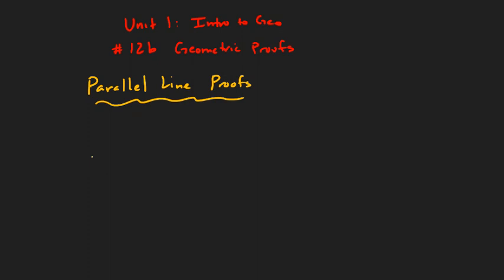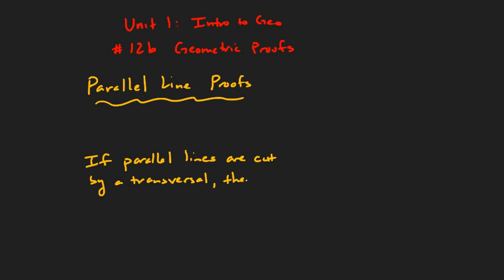If parallel lines are cut by a transversal, so if we have a picture and we know that two lines are parallel and there's a transversal involved, then we know 4 things.